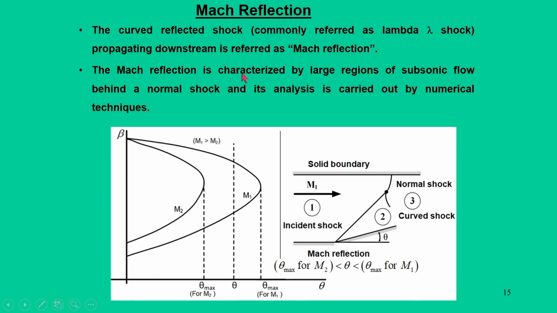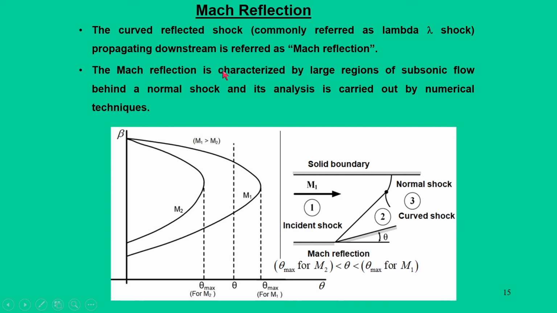The Mach reflection is characterized by a large region of subsonic flow. Since it is a normal shock, if you look at regions 2 and 3, the Mach number in region 3 could be highly subsonic, whereas in region 2 it can be supersonic, because it is an attached shock situation.